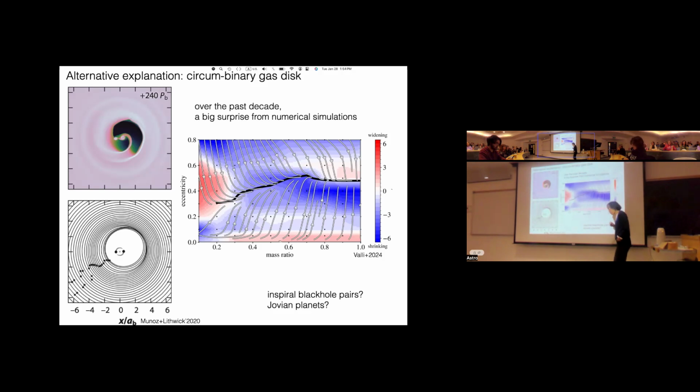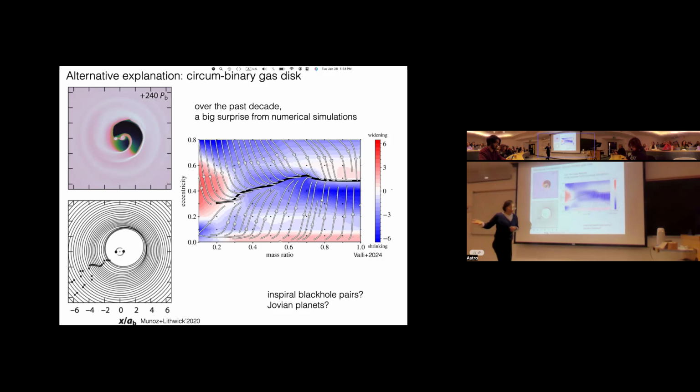It turns out analytical theory of this particular system, which is a circumbinary disk. Imagine you have a disk around two stars, a binary disk. And you ask, those two stars going around each other in the circumbinary disk, are their orbits going to change? For example, are they going to sink in by dynamical friction? Or is the orbit eccentricity going to circularize with time?